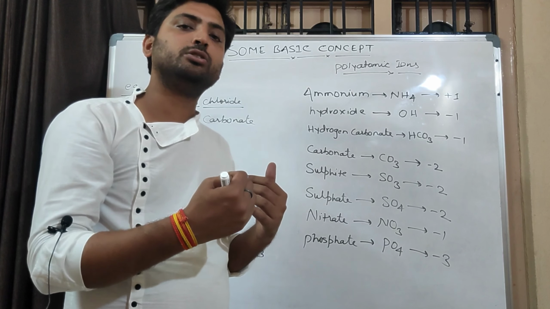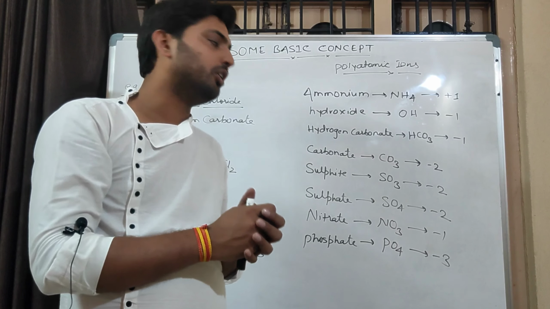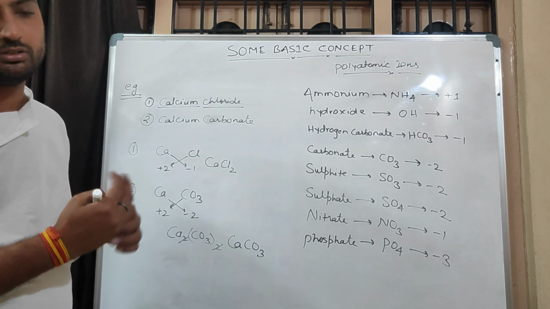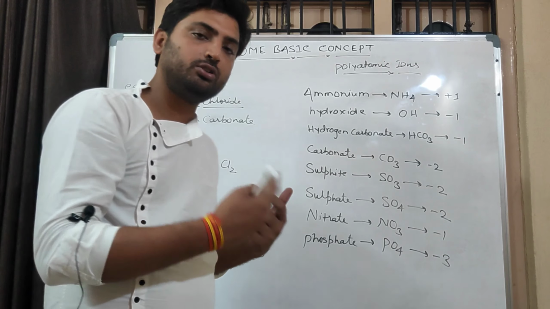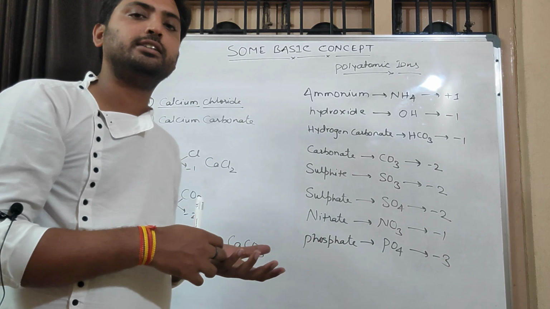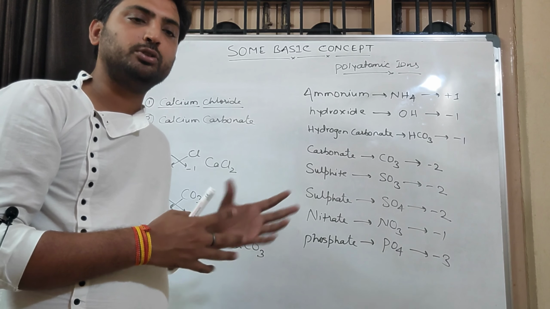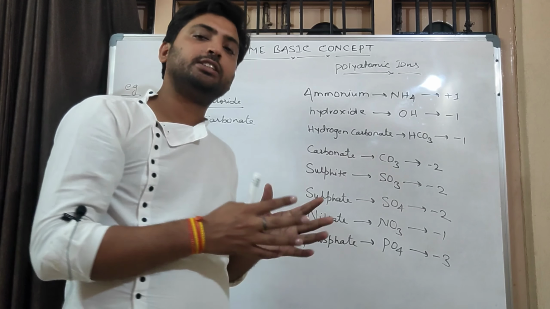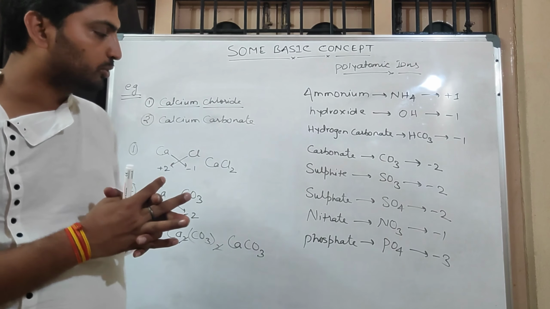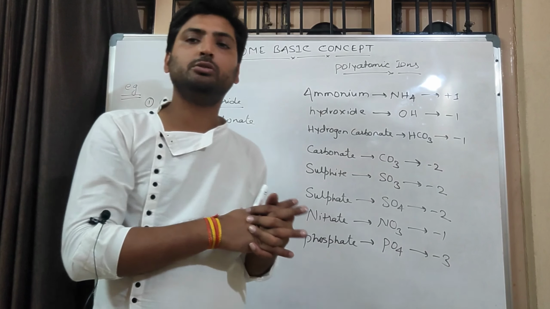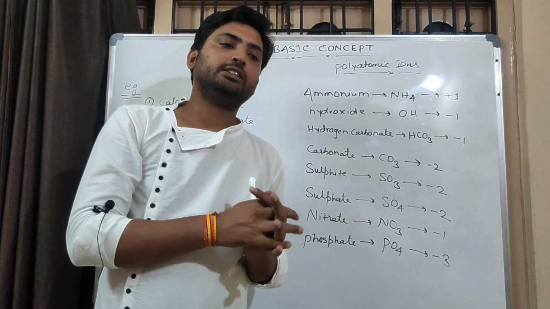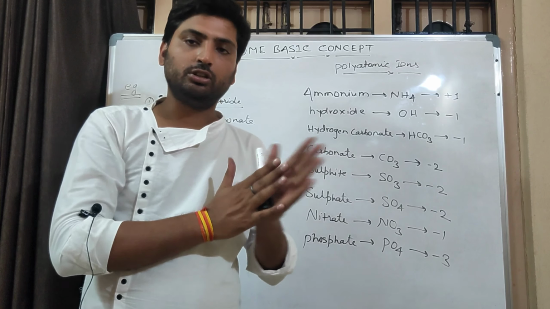Non-metals gain electrons, metals lose or donate electrons. For the valency of 4, in most cases they share their electrons. We will study this in the third chapter of chemistry, metals and non-metals.